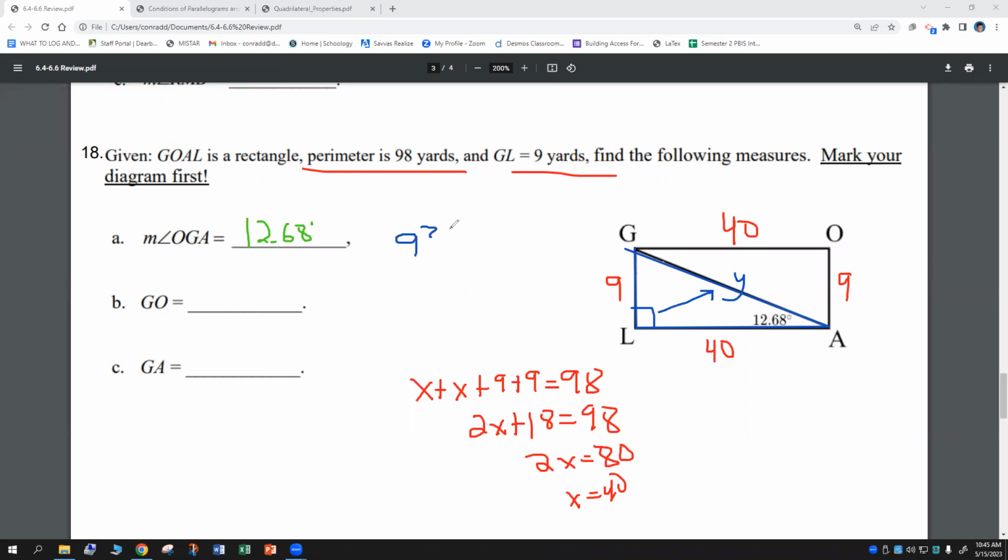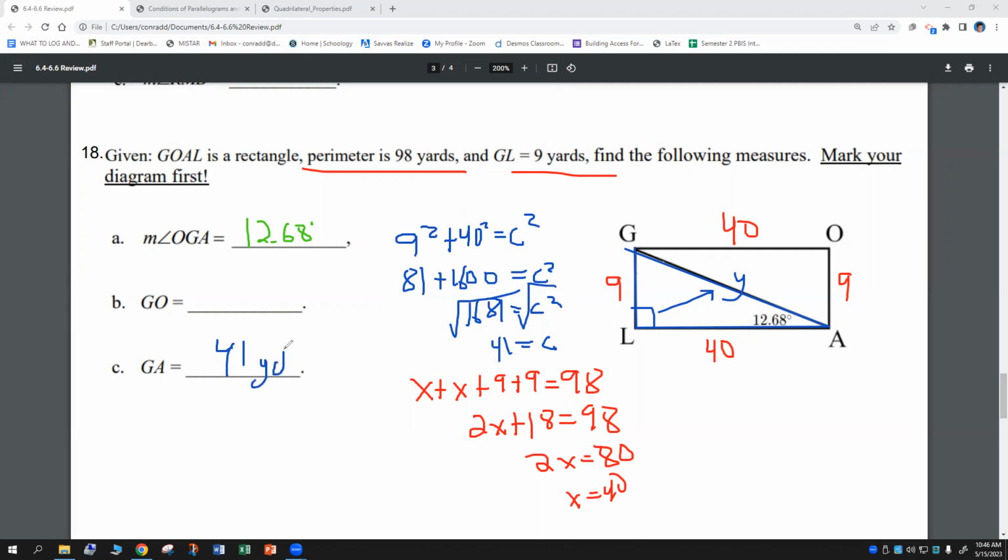So we're going to do 9 squared plus 40 squared equals c squared. That's going to give me 81 plus 1600, which gives me 1681 equals c squared. And when you take the square root of both sides, you get 41 equals c. So GA there is 41 units, or yards, I should say. And then GO was 40 yards.